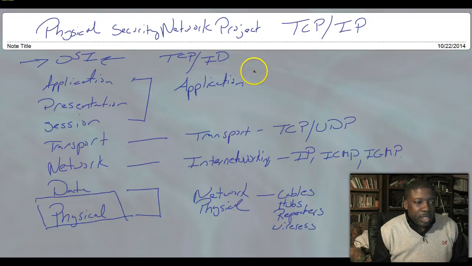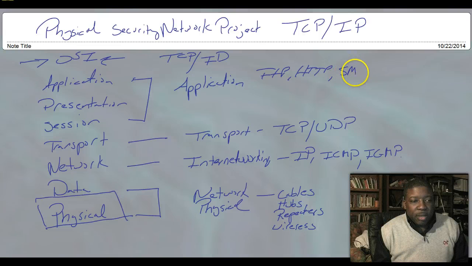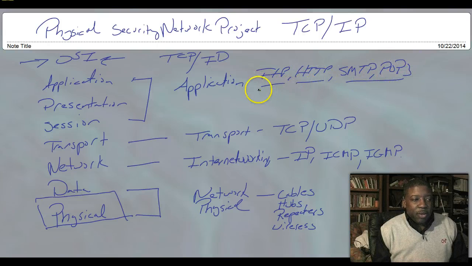Application, basically FTP, apps, HTTP. Now, you don't see me putting Internet Explorer or Chrome here. It's the HTTP aspect of it. SMTP, POP3. These are your emails. This is browser. This is file transfer.